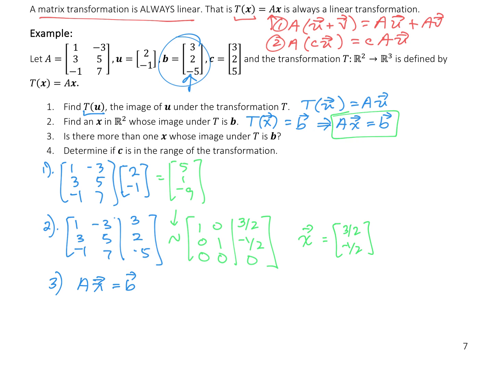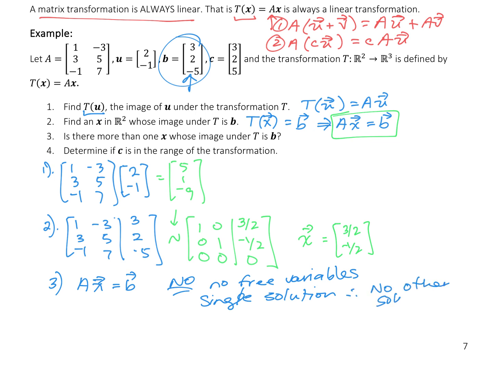Same A, same B. Well, hopefully you came up with the answer no, because I had no free variables. We got a single solution, which means there are no free variables, so there are no other X values.